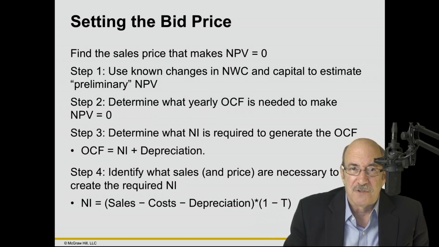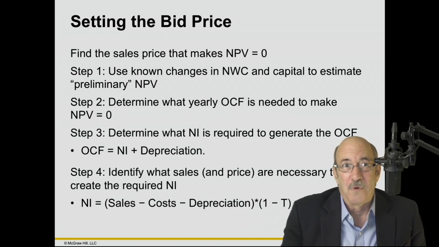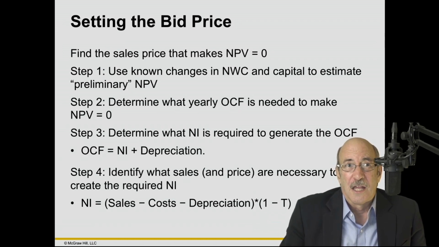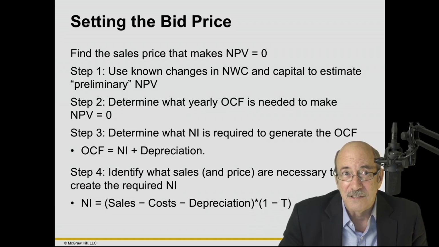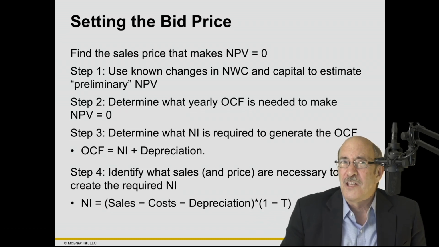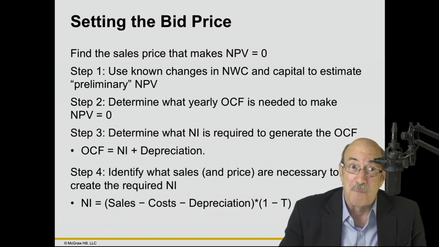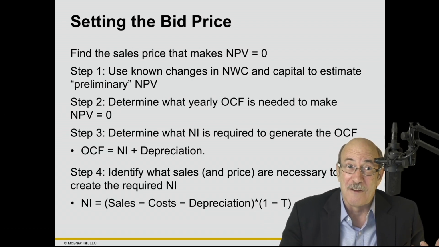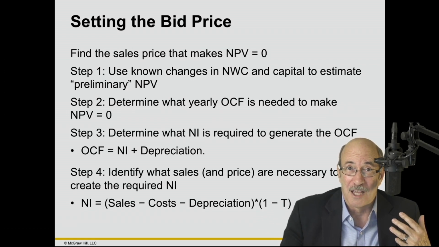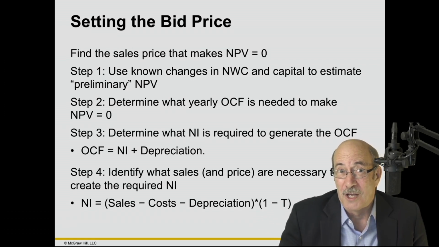Setting a bid price, well, really, I don't even know why they mention this, other than I guess there are a lot of people who don't use capital budgeting techniques when they're talking about a bid. But really, ultimately, all we're doing here is looking for another NPV. But in this case, since we're assuming it's a competitive bid, and we'd like to get the bid, but we don't want to get the bid if we have to take on a negative NPV project.